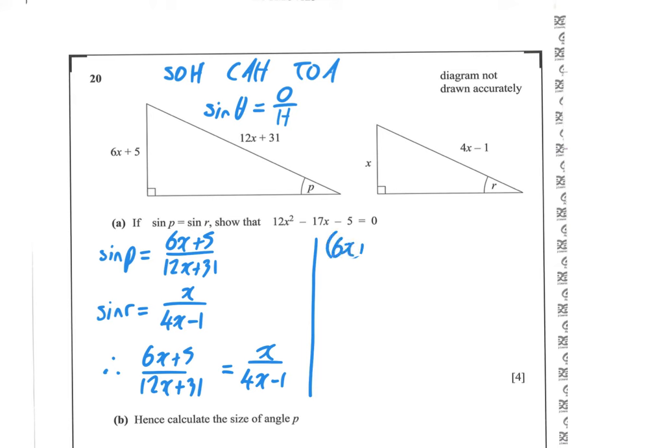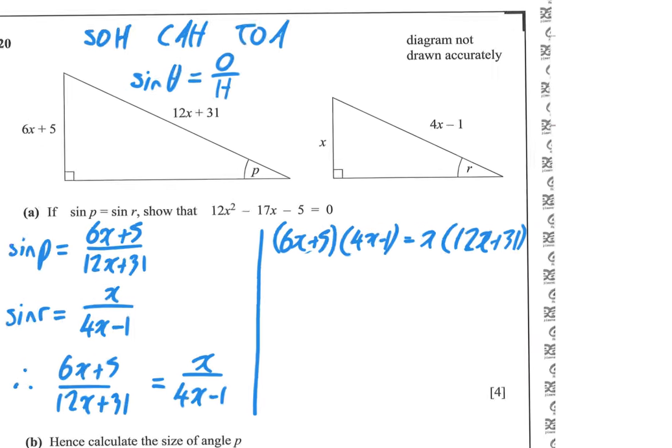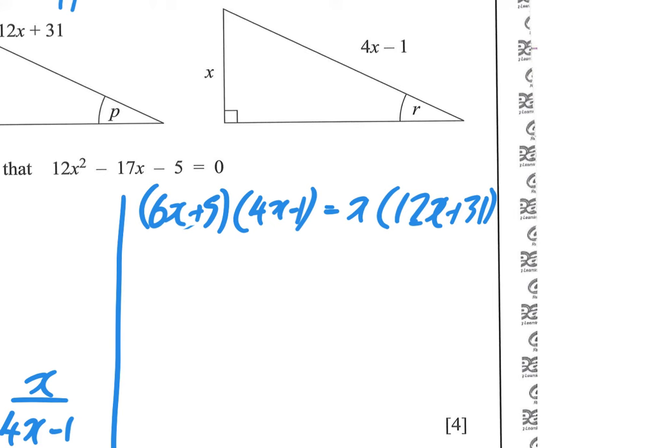So you'll have 6x plus 5 upon 4x minus 1 is equal to x upon 12x plus 31. And then if we multiply that out, I'm going to have to zoom in so I can get this squeezed in. You're going to have 24x squared minus 6x plus 20x minus 5 is equal to 12x squared plus 31x.